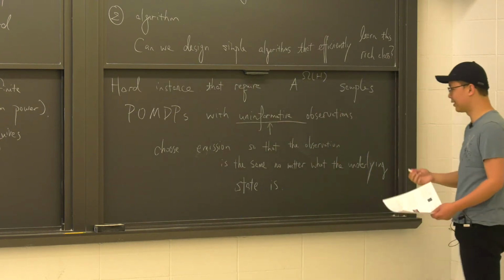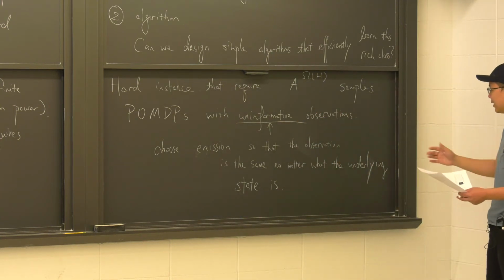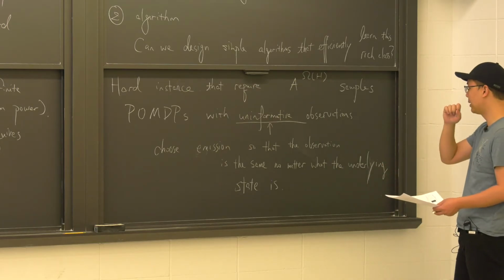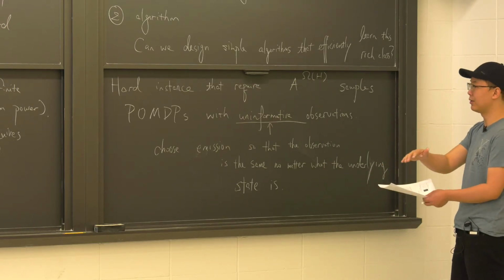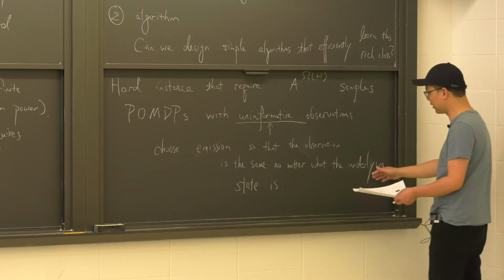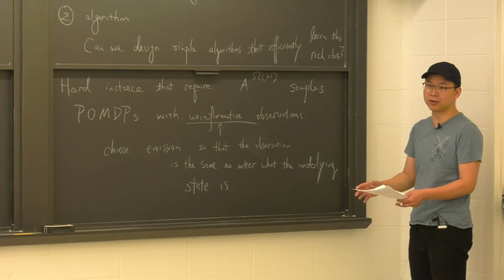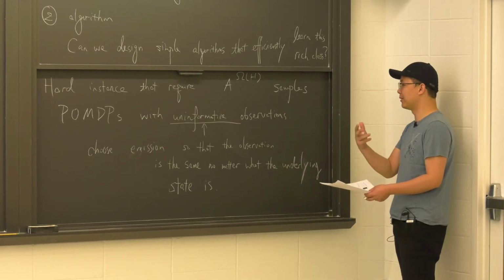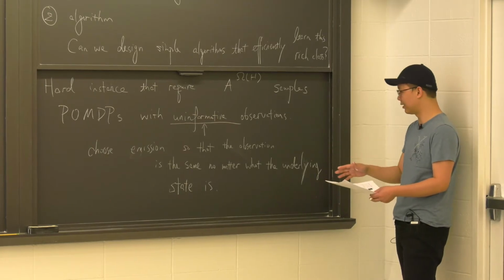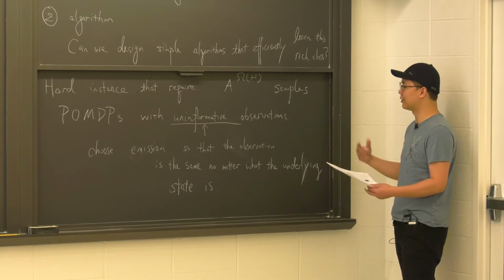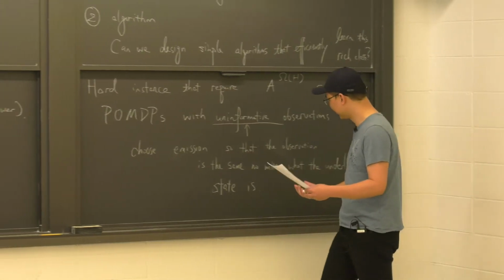This is a dummy case, a very special case of POMDP. You can think of the emission matrix as something like that. It doesn't matter whether I'm in state 1, state 2, or state 3, I always generate the same observation. So this observation doesn't tell you anything about whether you're in state 1, state 2, or state 3. It's a useless, dummy observation.